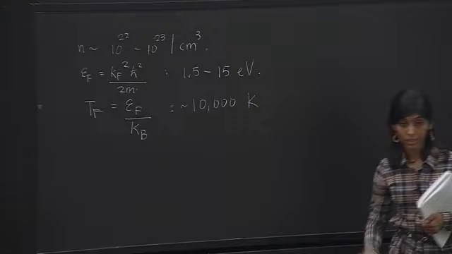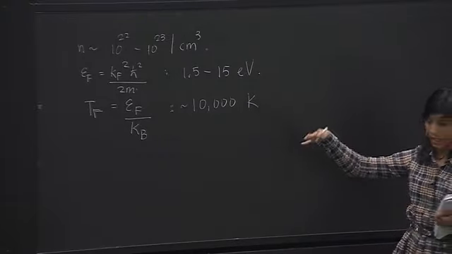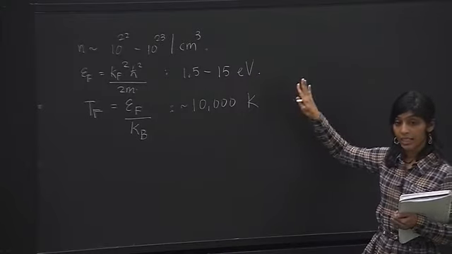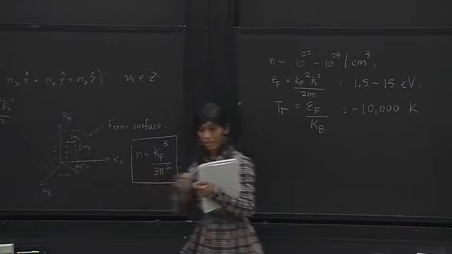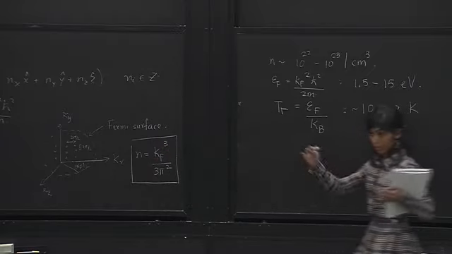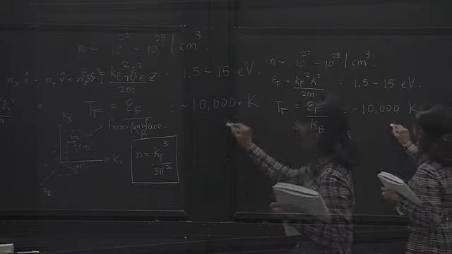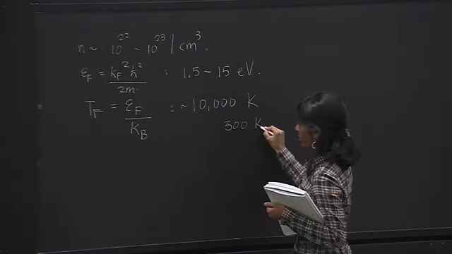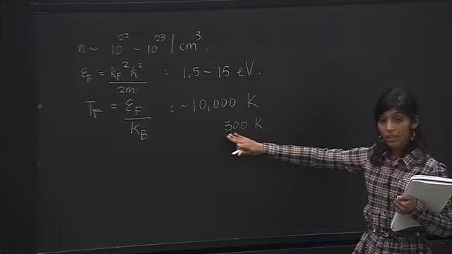Okay, so just to pause a moment and take in what that means: the energy scale of this Fermi surface, up to which you fill, is 10,000 Kelvin, to be compared to room temperature, which is where we usually look at metals and would like to explain their properties, 300 Kelvin.